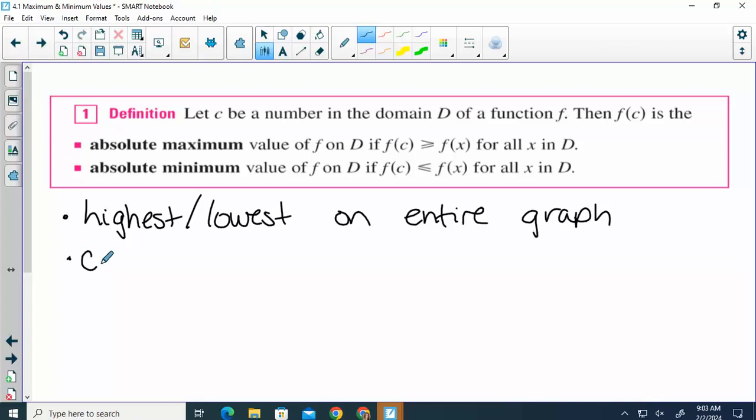They can be endpoints. We talked about absolute maxes and mins back in college algebra even. These could also be called global maxes and mins, depending on the textbook, so either term means the same thing. It's the highest or lowest point on the entire graph when you're looking at it.